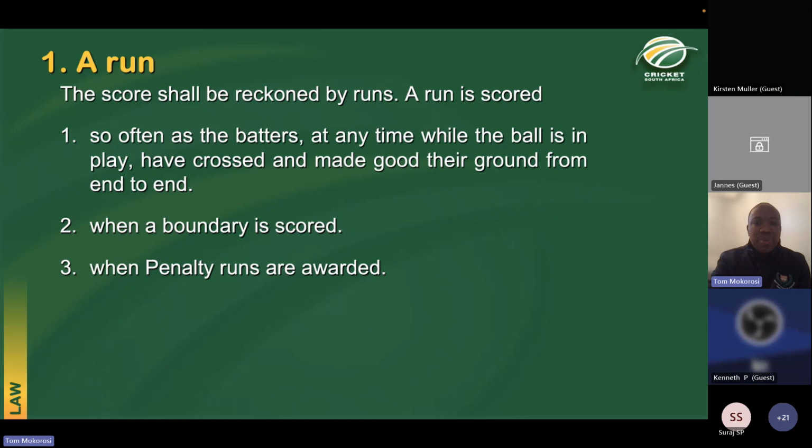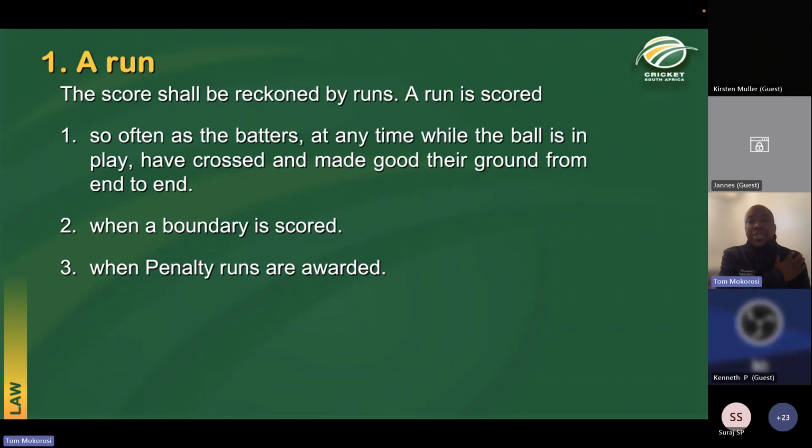Runs are also scored when penalty runs are awarded either to the batting side or the fielding side. You'll remember from the very first lecture, Abdullah showed us that there are different signals for 5 penalty runs awarded to the batting side. You tap your opposite shoulder, and you remember that it is a tapping sound for the batting side.